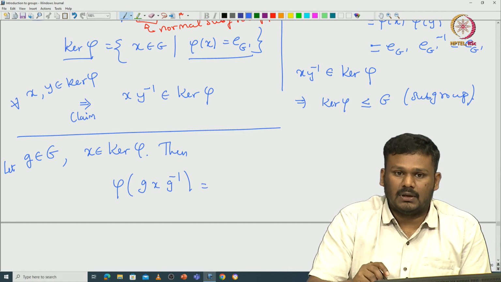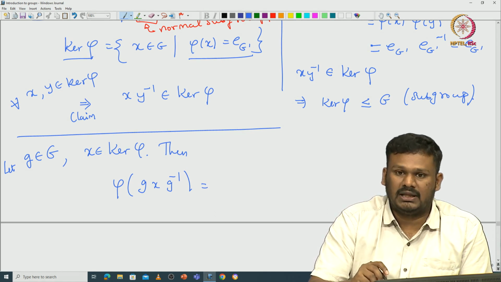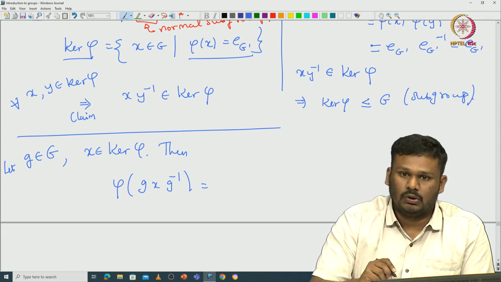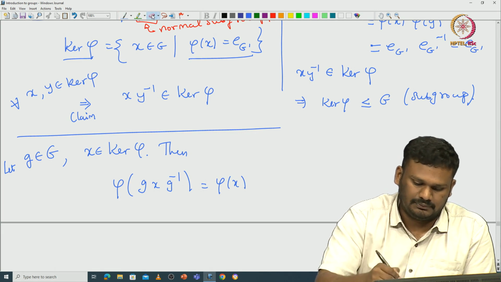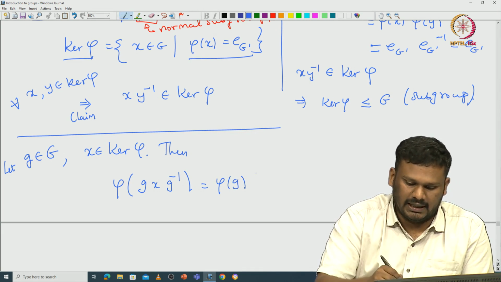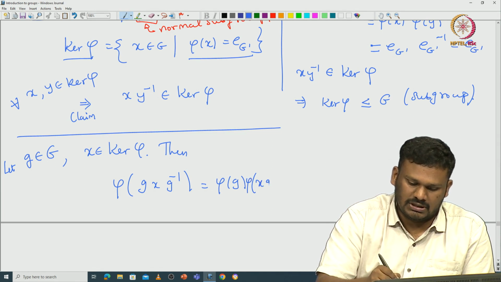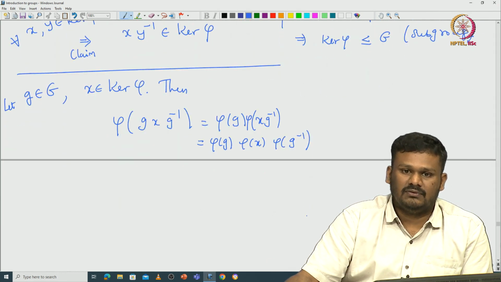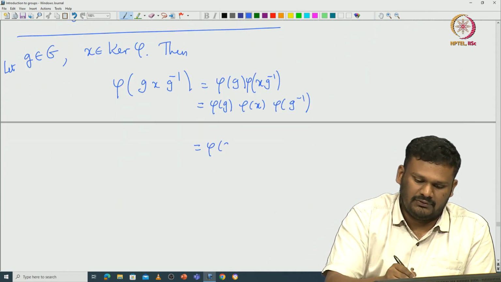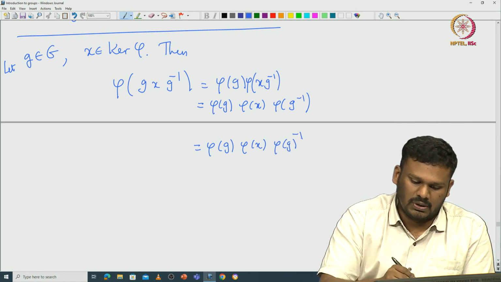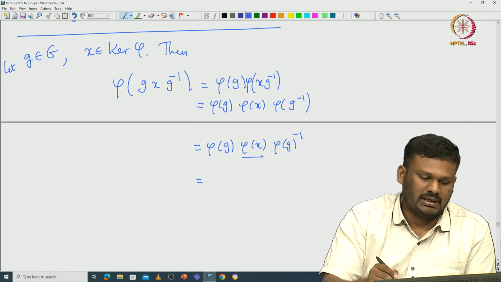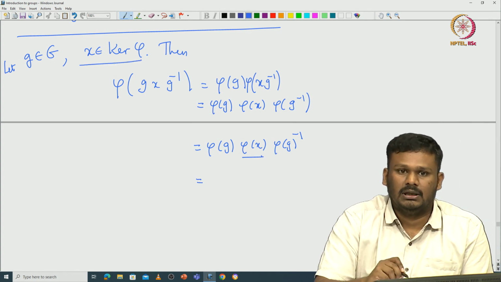Because g x g inverse is just a product of 3 elements in the group G and phi is a group homomorphism, this can be rewritten as phi of g times phi of x times phi of g inverse. Now you can see that phi of x is given to be identity, because x is coming from kernel phi.